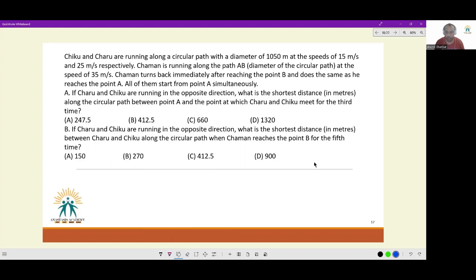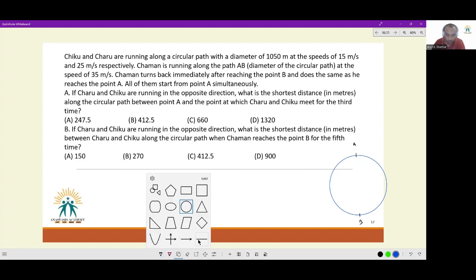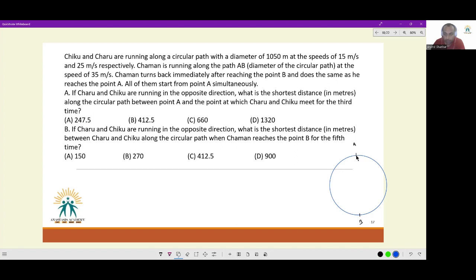Before we get to solving, we should understand what is the storyline that is being told to us. Let's say this is point A and diametrically opposite, this is point B. Now, Chiku and Charu are running along the circle, but our third fellow Chaman is running to this point.